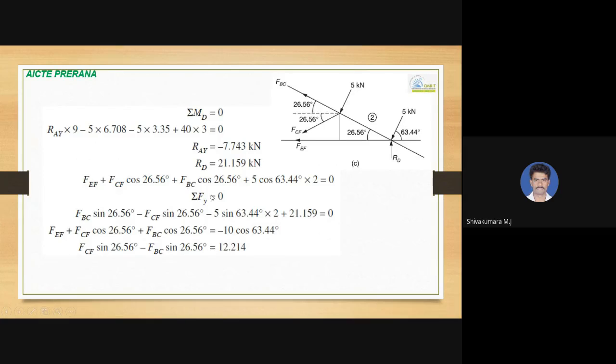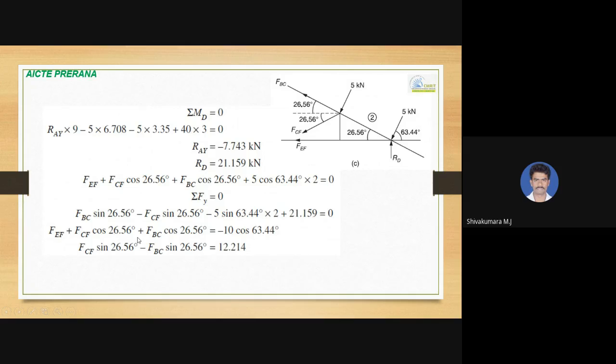In the same manner, you apply summation of Fy equal to 0 for the same free body diagram. You will get this equation with unknowns FBC and FCF. So two unknowns are here, FBC and FCF.